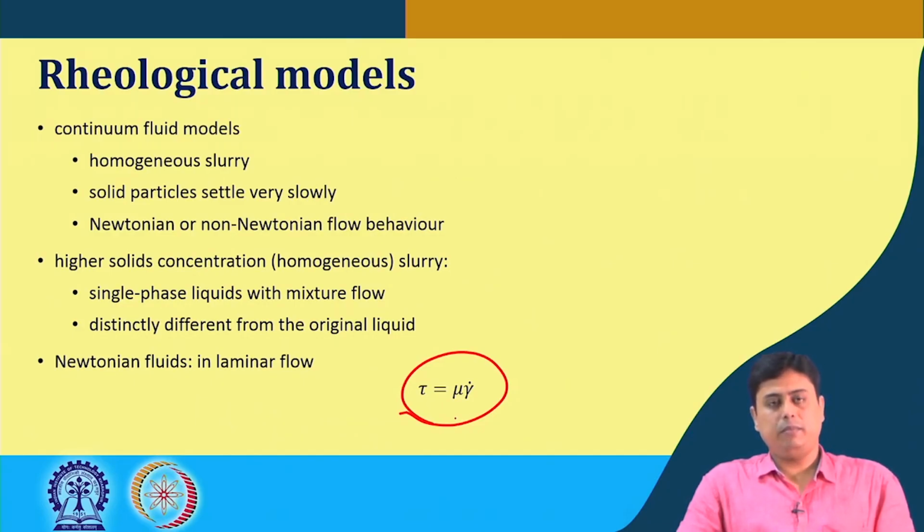That means we have a linear relation between the shear stress and the shear rate, and if we plot this graph of shear stress and shear rate, the slope of the line gives us the viscosity of this slurry. So, as we increase the shear rate, the shear stress increases.